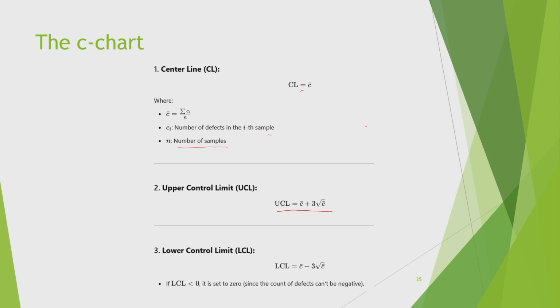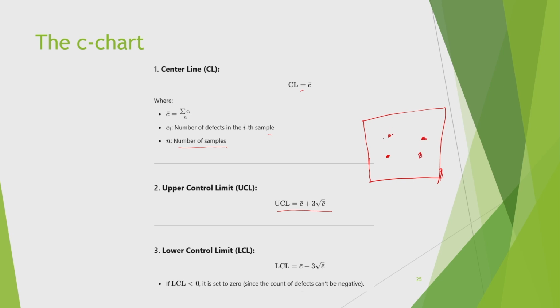This type of chart is mostly used when, suppose you are purchasing some cloth, which comes in a big roll, in a long length. It is not a question of whether it is defective or not defective, rather you look at 1 square meter area and find some defects, maybe a small hole or something.